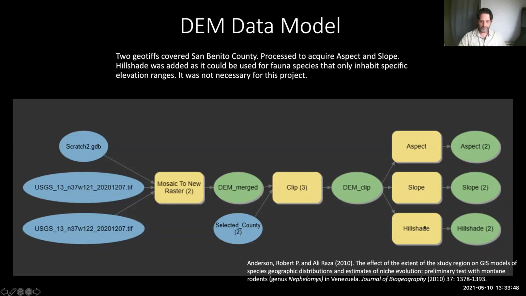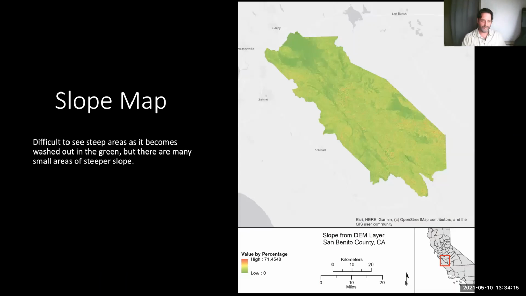Some of the other projects that I had researched, like for instance, Anderson and Raza down here, they used hillshade for elevation ranges, because the rodents that they were studying in Venezuela only lived between like 1,100 and 1,400 feet elevation or something like that. So it could be used for a later analysis of a different type of species, but for pigs, aspect and slope were the only 2 important elevation data that I needed.